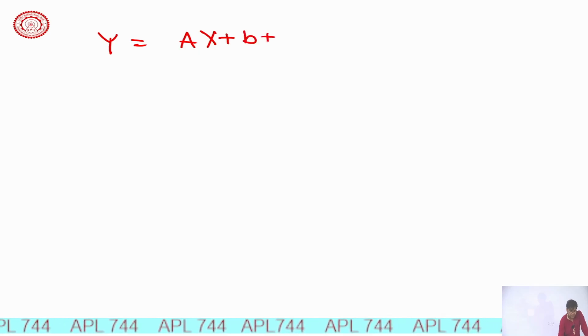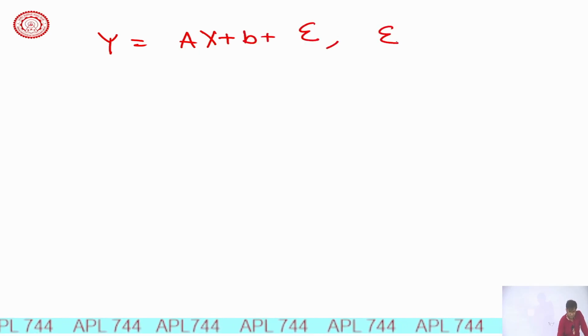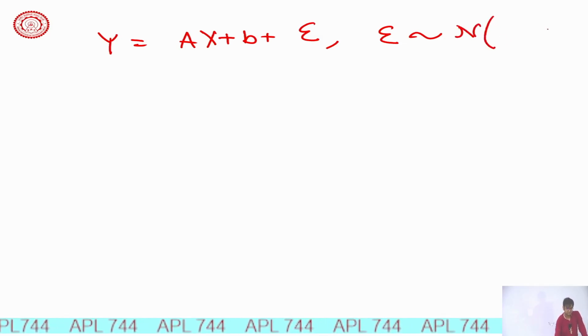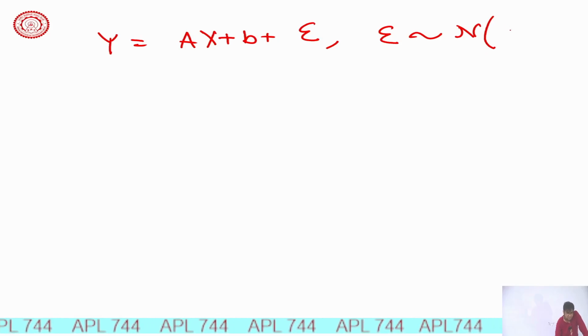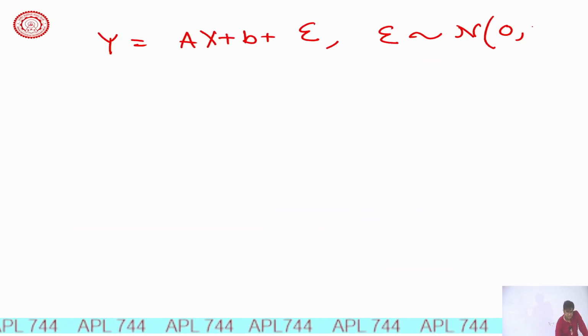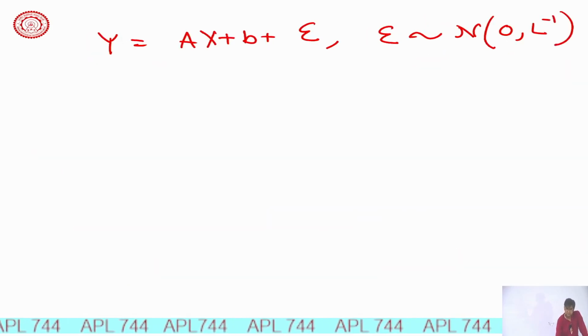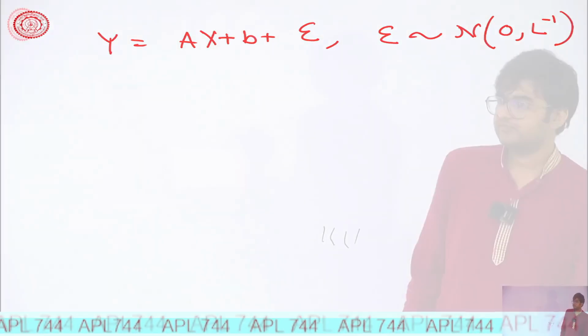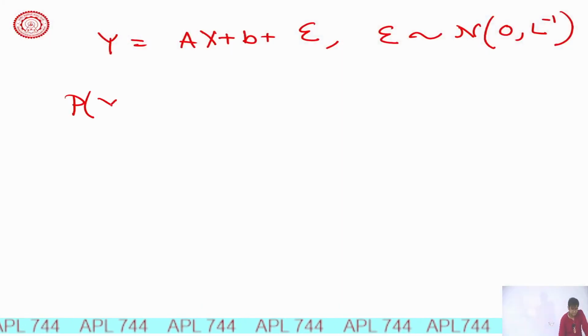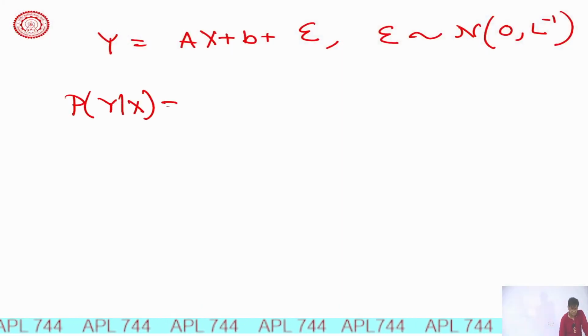Now how do we arrive at this? Just to remind you. So I said that y is equal to a x plus b plus epsilon, where epsilon is actually Gaussian with 0 comma L inverse, right? Then tell me what is probability of y given x?